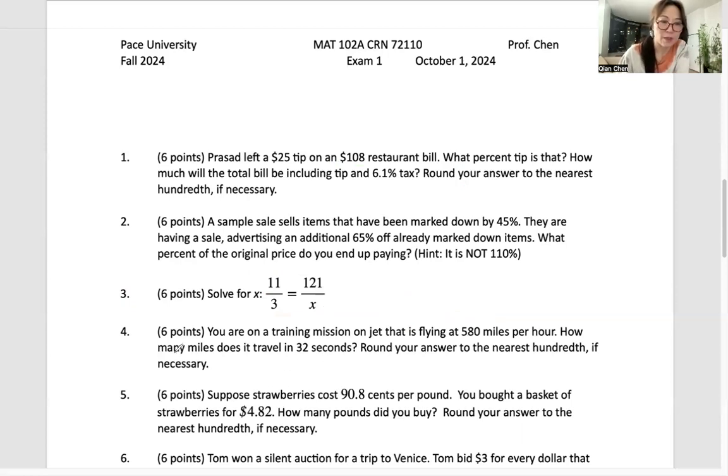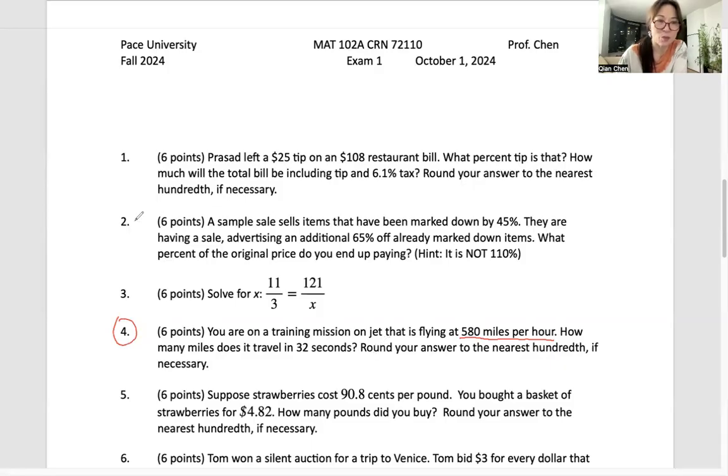Okay, let's see 6. You are on a training mission on a jet that's flying 580 miles per hour. Remember to ignore the part that's not important for us. So for us, we don't care if it's a training mission on the jet or something else, right?